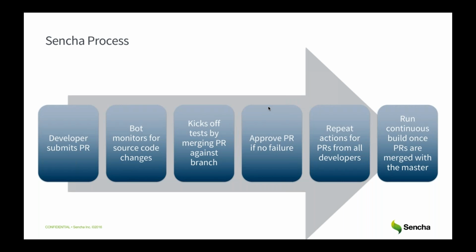Finally, when all of those PRs are approved and merged into the main branch or the master, a continuous build is kicked off. This takes care of running the same set of tests and all the new tests the developers write and integrate with the regression, and it ensures that all of the PRs with the main branch are working fine.